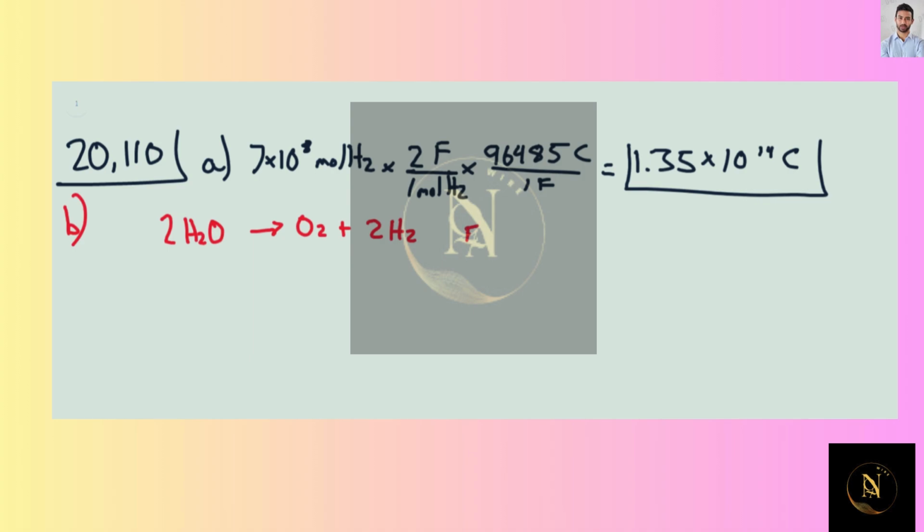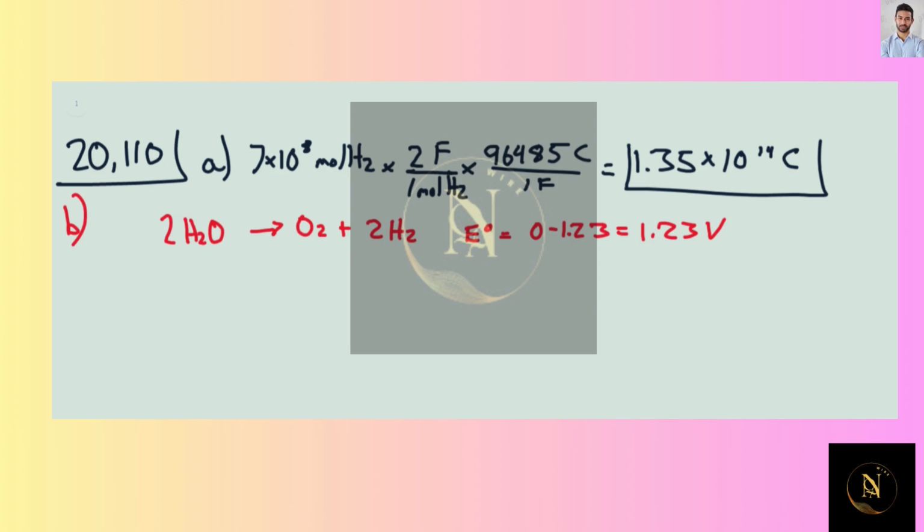Now the EMF standard value for this: the half reaction for the oxidation of water is 1.23 volts, and for this hydrogen reaction it's 0, so it's 0 minus 1.23. So we get a value of 1.23 volts.